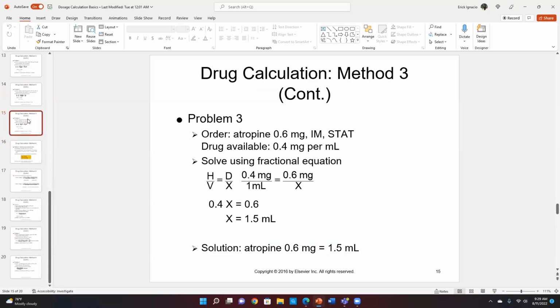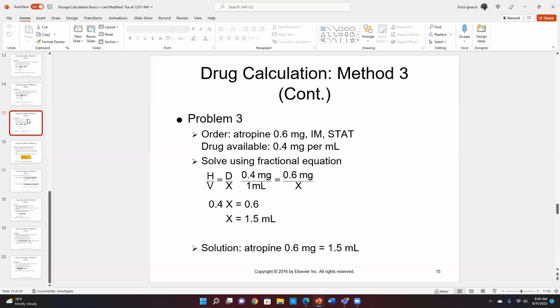Okay, let's go back. So here's problem number 3. What's ordered is atropine, so we're going to administer atropine 0.6 milligrams IM, intramuscular, stat. So right away, we'll be giving this intramuscular injection. What's available is 0.4 milligrams per mL. So in every mL, there's going to be 0.4 milligrams of medication.